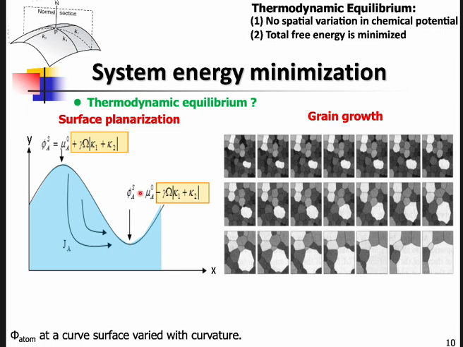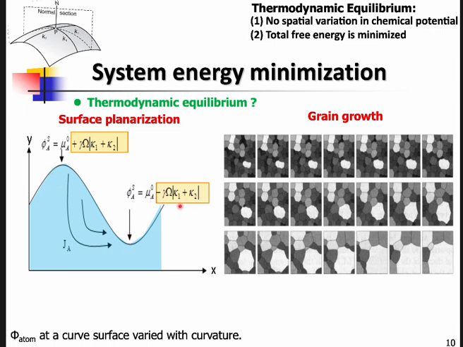The surface chemical potential of atom A on this concave region can be written as mu A0, the same as this one, but in the concave region we use a minus: gamma omega times kappa 1 plus kappa 2 is the same, but this is positive. In the convex region you add the positive term, but in the concave region you subtract a positive term.